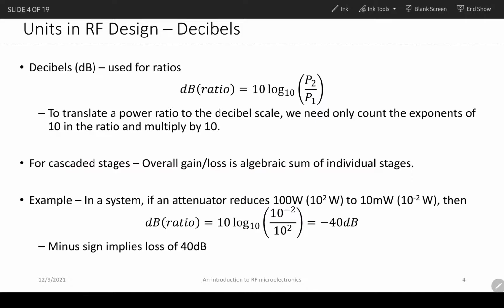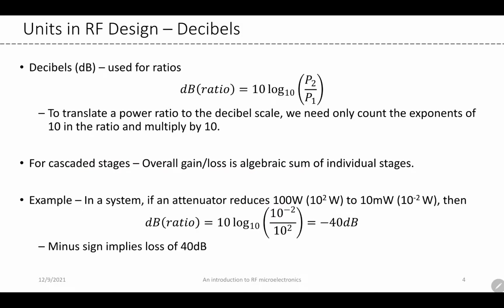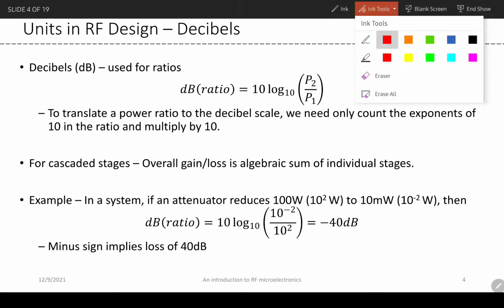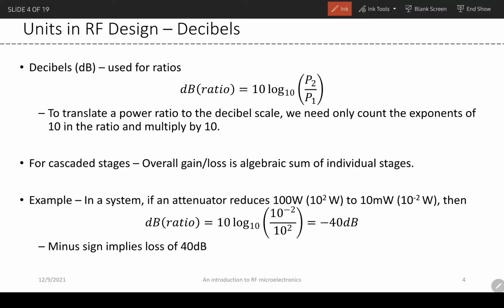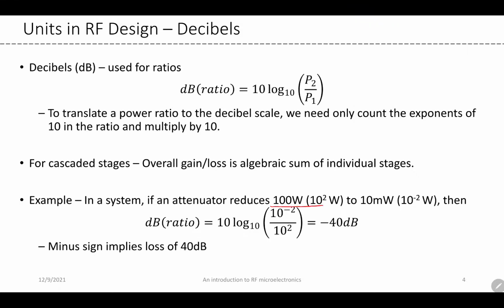Okay. Now let's look at an example to understand things better. For example, in a system, we have an attenuator which reduces the power from 100 watts to 10 milliwatts. So how do we express this in dBs? We just studied that dB is nothing but the ratio expressed in log scale.